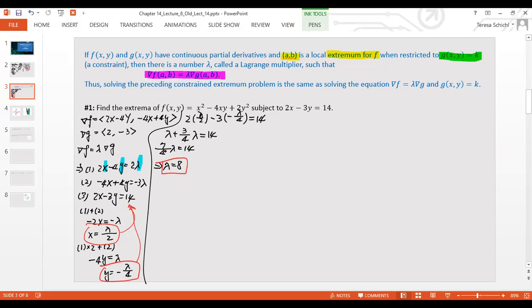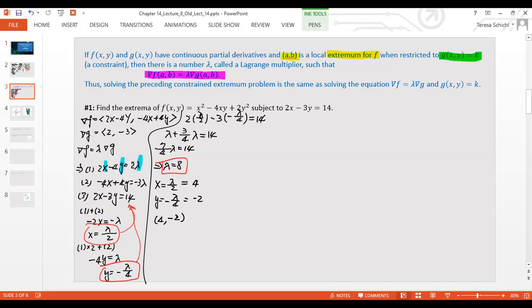If the lambda is 8, then x equals lambda over 2, so this is 4. Then y is equal to negative lambda over 4, so it's negative 2. So I'm going to have 4 and negative 2.